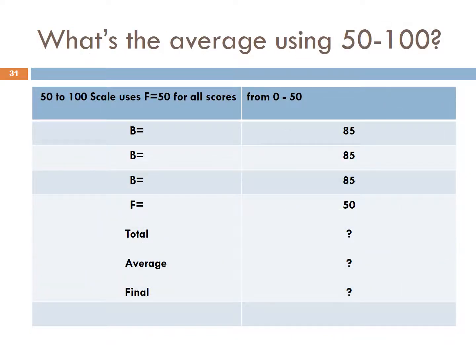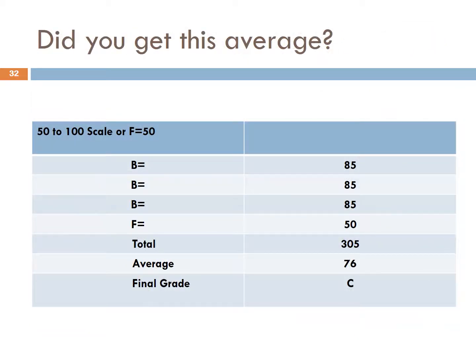What's the average using 50 to 100? The 50 to 100 scale uses F equals 50 for all scores from 0 to 50. 85 has been used here for B, which is the mid-range between B equals 80 to 89. Did you get this average?